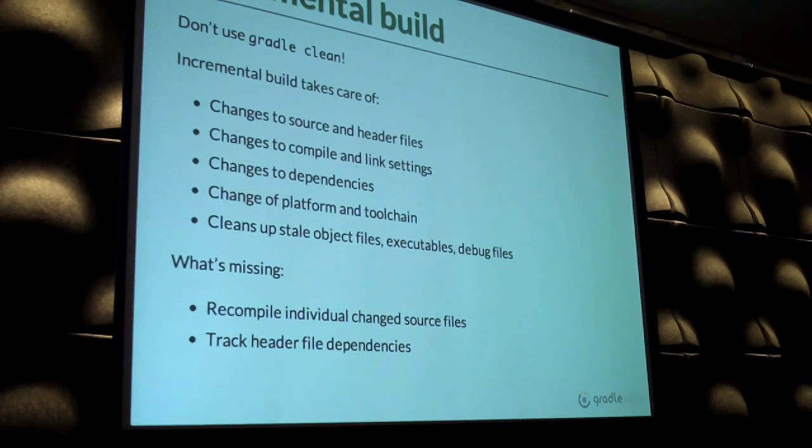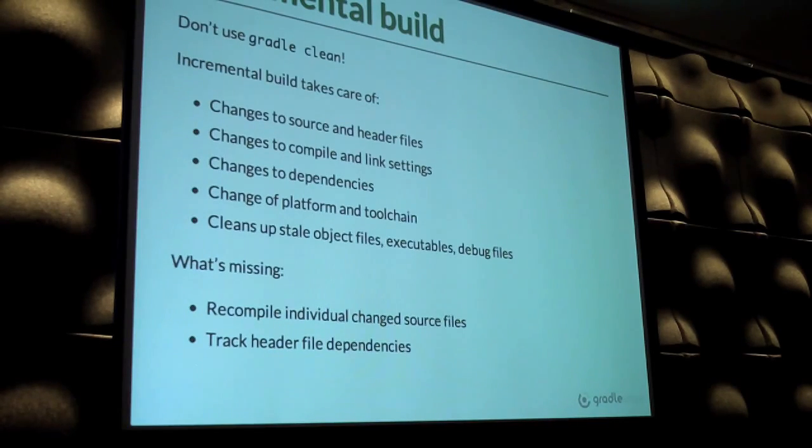So you saw before when I switched from static to dynamic, it relinked my executable because the inputs had changed. It deals with changes of toolchain. Shouldn't say platform up there. That's still a work in progress, but we saw toolchain changes, no worries. And cleaning up stale files, object files, executables, debug files, and so on.